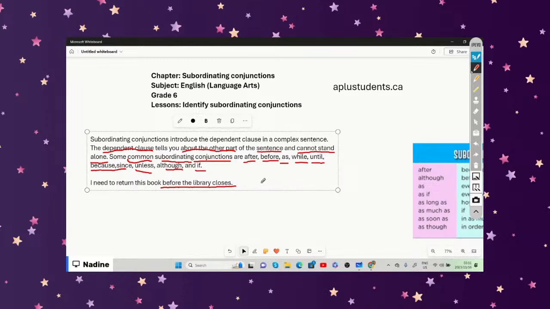It needs that part of the sentence in order for the dependent clause to latch on to the independent clause within that sentence. And the subordinating conjunction introduces the dependent clause within that complex sentence.